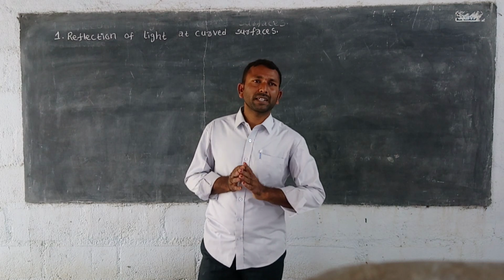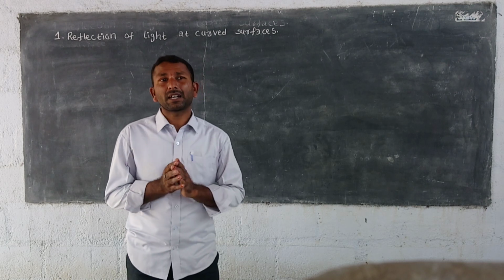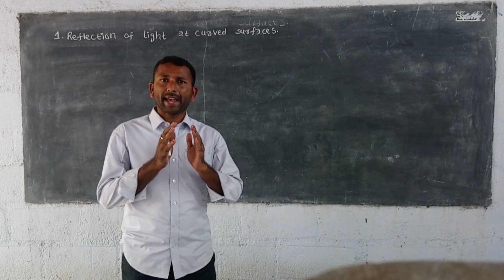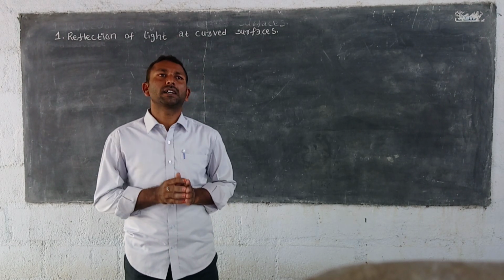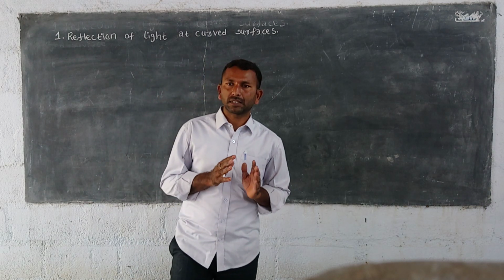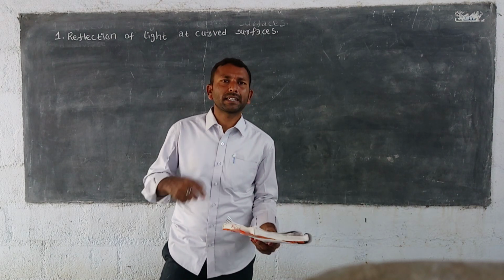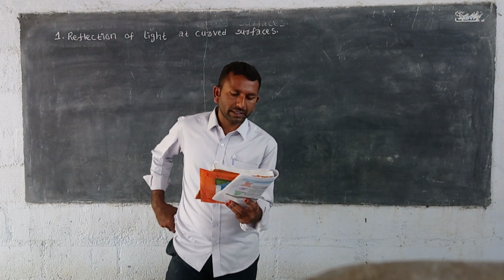But when you observe your image in the plane mirror, will it be thin or large? It is the actual size. The actual size of the object appears in the same size in the plane mirror. Okay, and we can get clarity in this lesson.